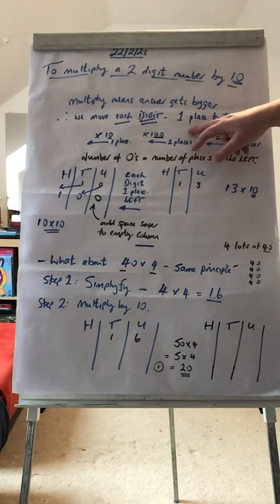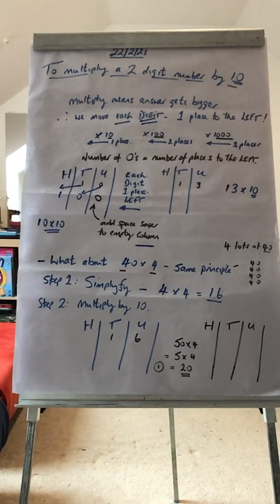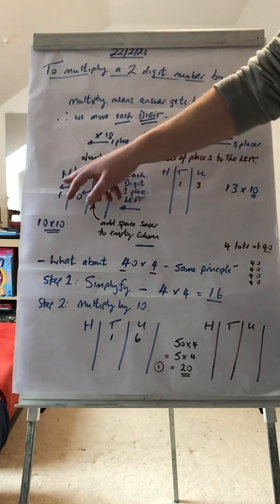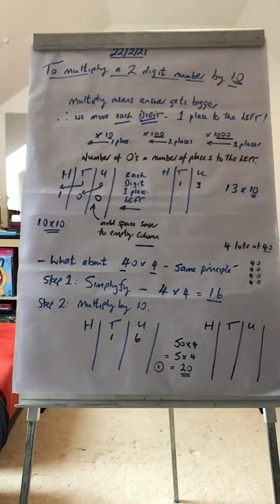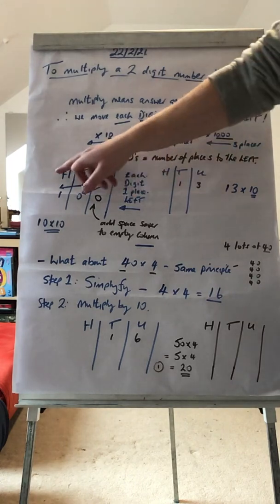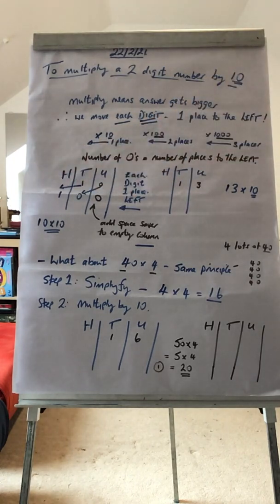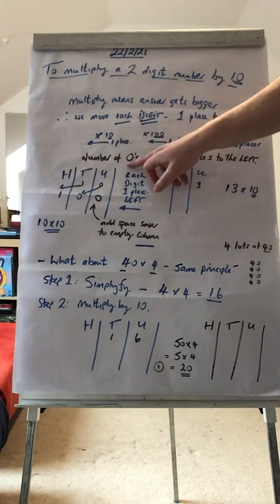If we are multiplying by 100, each digit moves 2 places. So units will become hundreds, tens will become thousands. They move 2 places. And if we are multiplying by 1,000, each digit moves 3 places. So units will become thousands. That's the easiest way to remember it: look at the number of zeros.